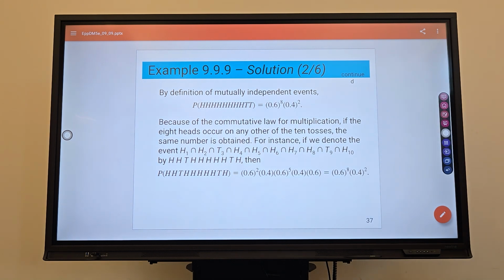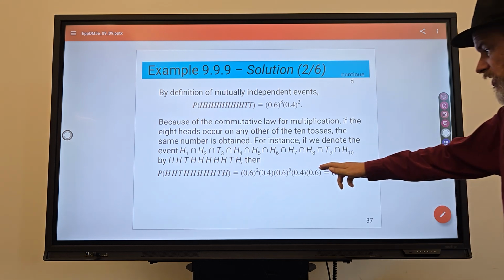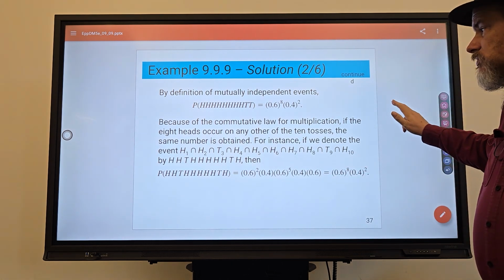Because of the commutative law for multiplication, if the 8 heads occur on any other of the 10 tosses, the same number is obtained. For instance, this combination here yields the same as here.